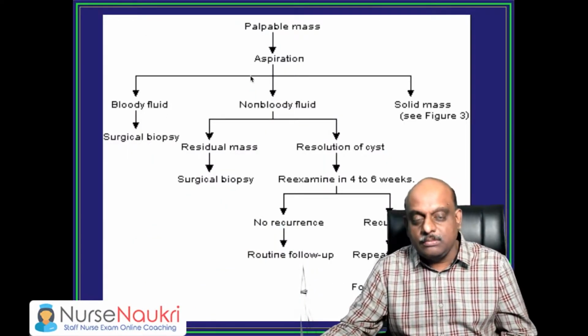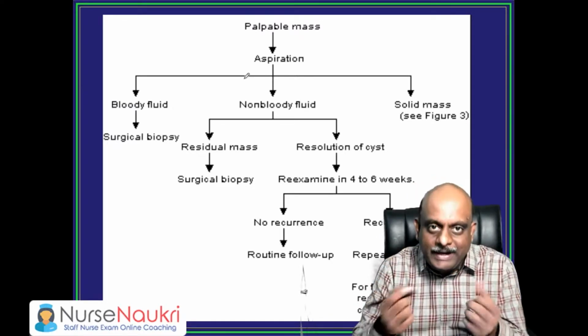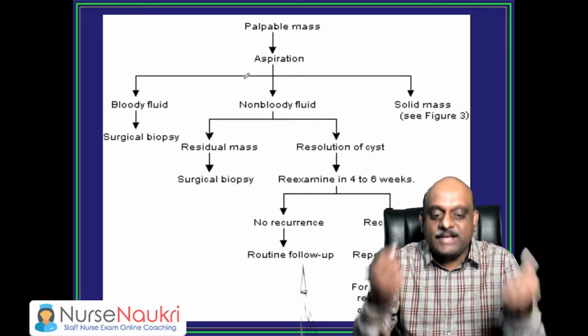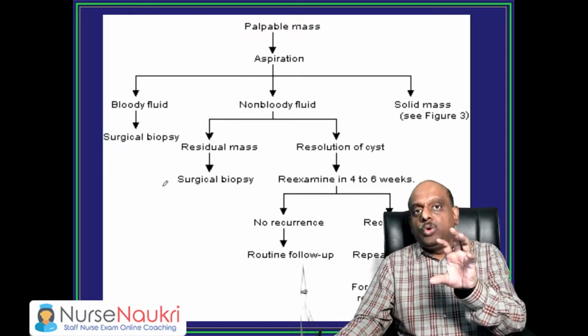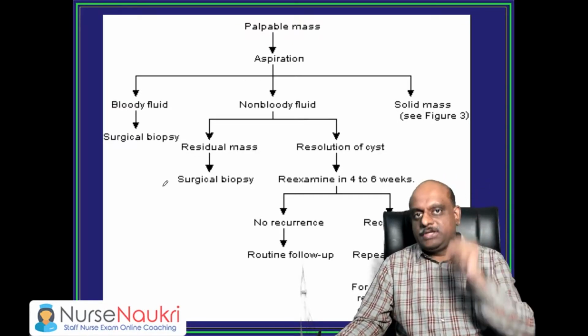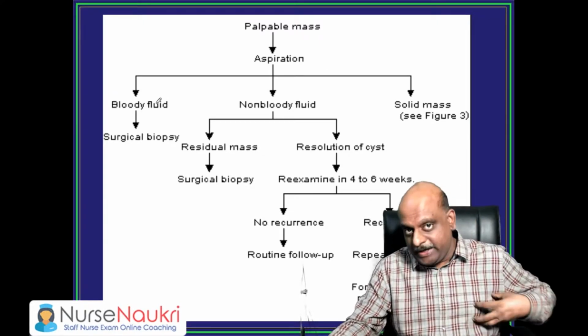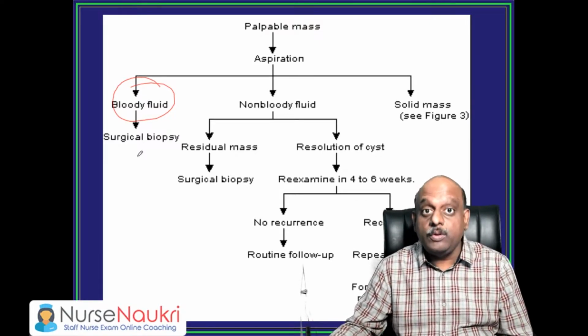So once more, if there is a palpable mass, if you have aspirated, if the fluid came out, then that is a cystic one. Now the question comes: will the color of the fluid tell you anything? Suppose you aspirated a palpable mass and you found bloody fluid, then what do you want to do?